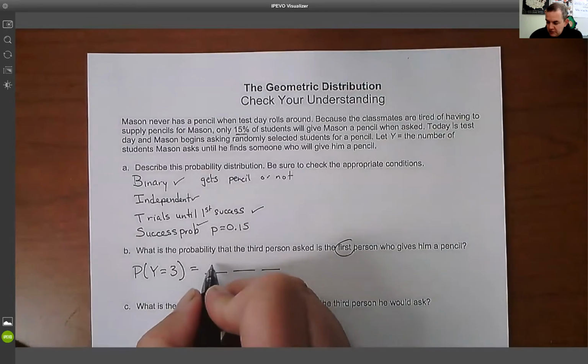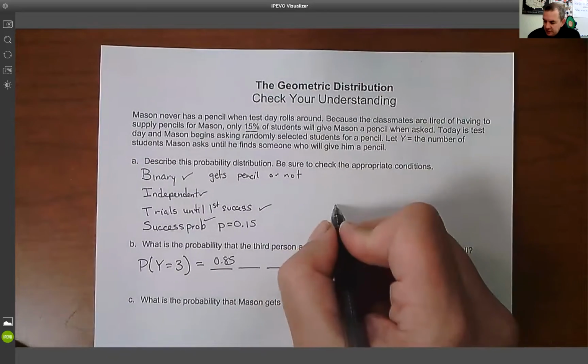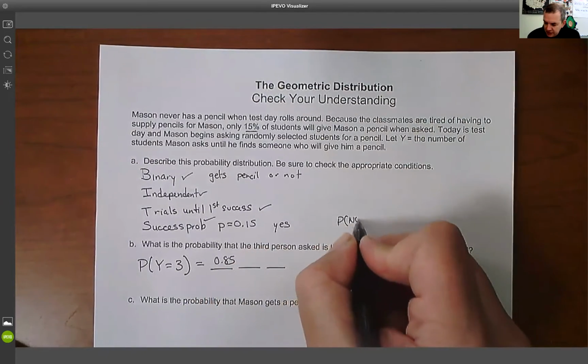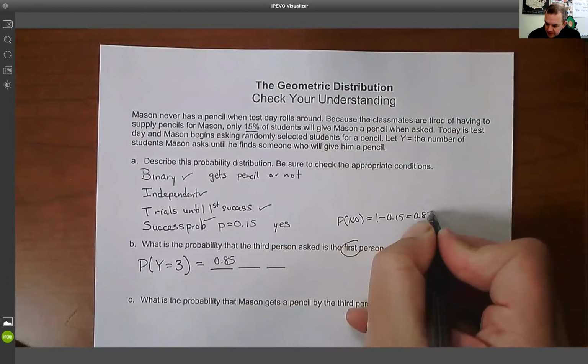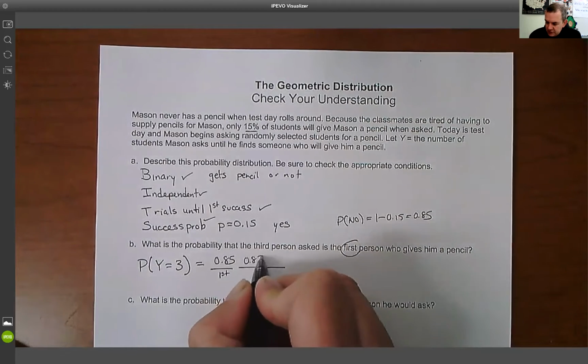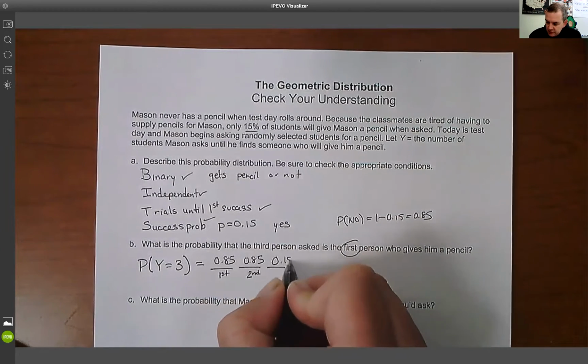So the first person says no. Well, there's an 85% chance that first person said no, because 0.15 is someone saying yes. So the probability of someone saying no is 1 minus 0.15, which is 0.85. So the first person says no. The second person says no. The third person says yes.